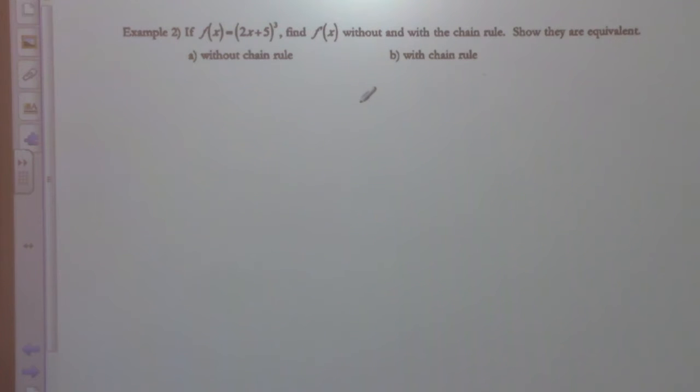So what did you get with the chain rule? You got f prime of x equals 3 times 2x plus 5 squared, and then times 2. And so you end up with 6 times 2x plus 5 squared.